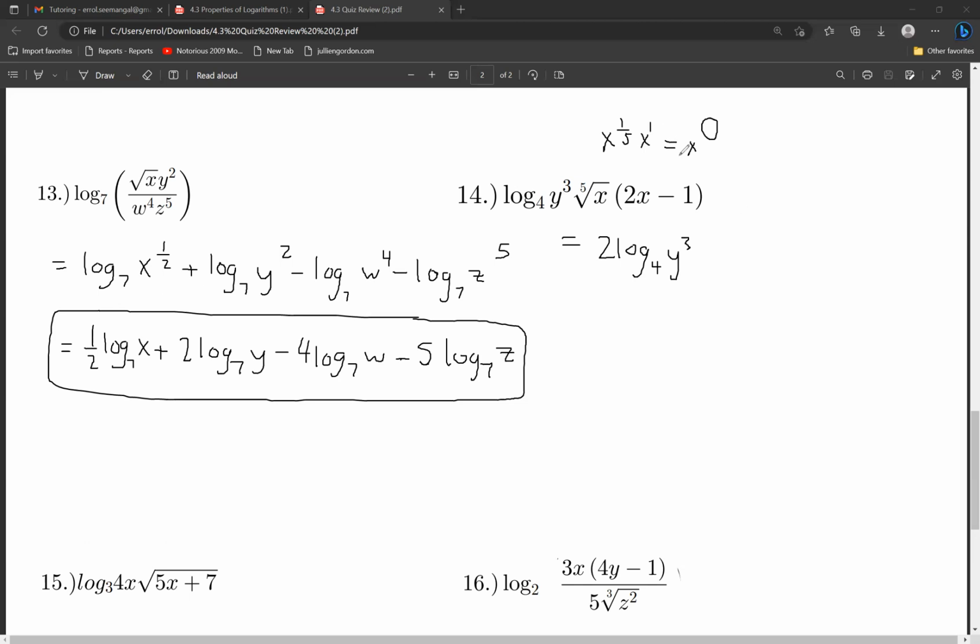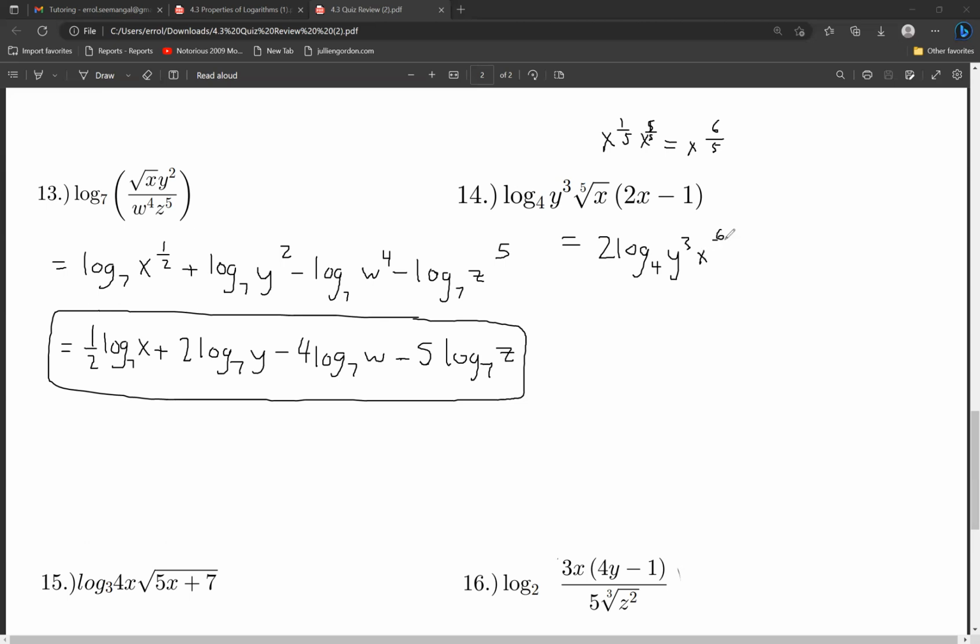This is a 1 there, right? So what's 1/5 plus 1? This is really 5/5, right? 5/5 is the same thing as 1. So this is 6/5. X to 6/5, right? So 2 log 4 y3 x 6/5.